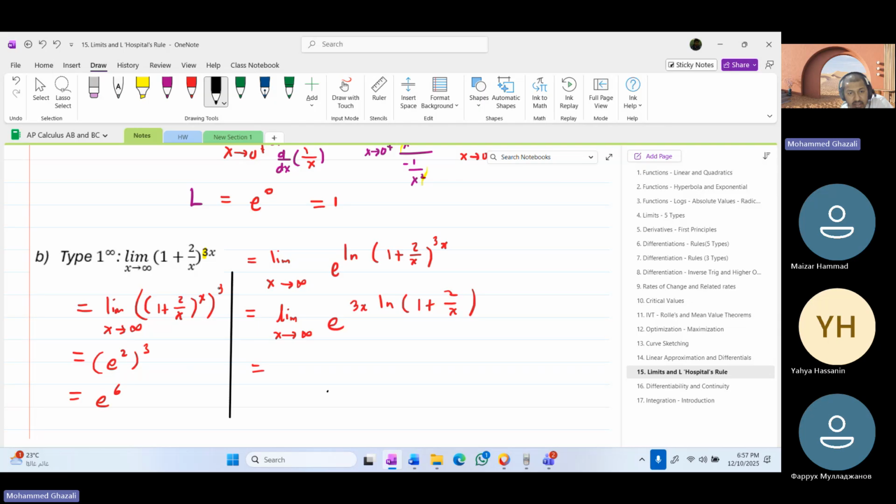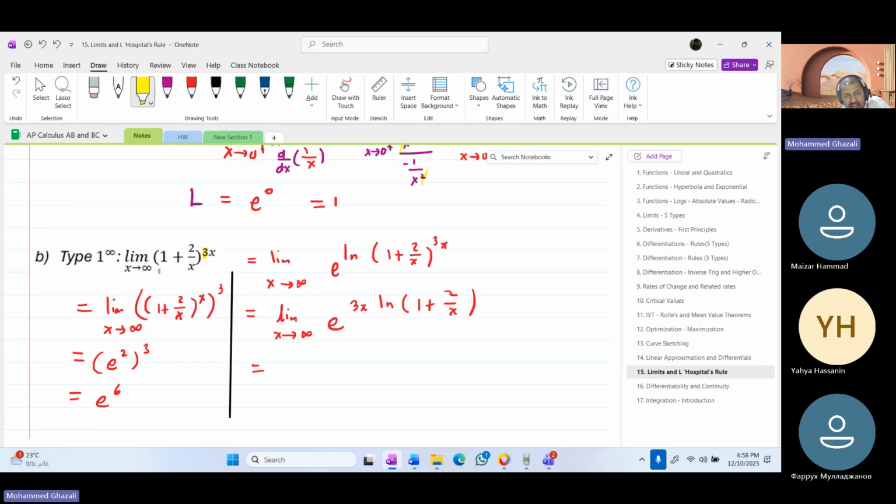You know what I did there? 3 times x is 3x. You understood that? It's a trick. Like if you say a to the power b, to the power 2, is a to the power 2b. I raised the power to a power.